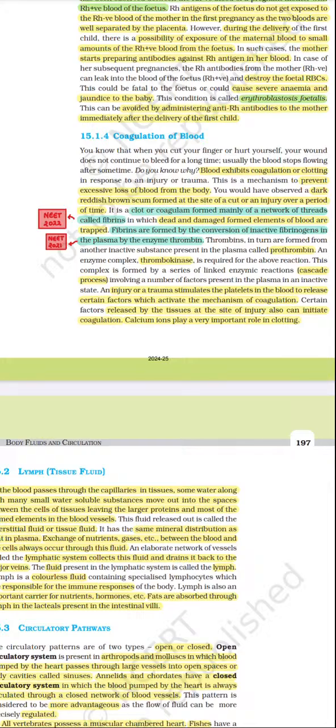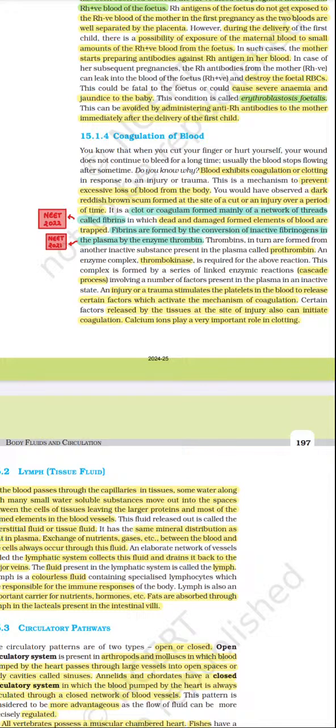Dead and damaged formed elements of blood are trapped in it. Fibrins are formed by the conversion of inactive fibrinogens in the plasma by the enzyme thrombin, formed from prothrombin by the enzyme complex thrombokinase.